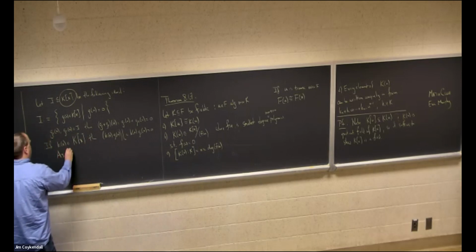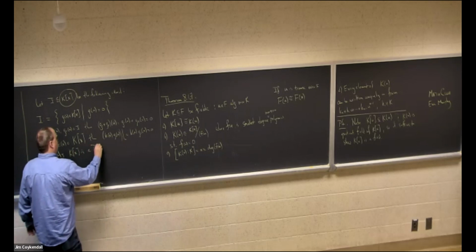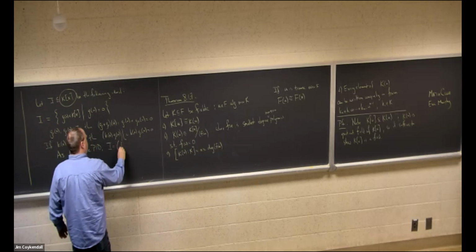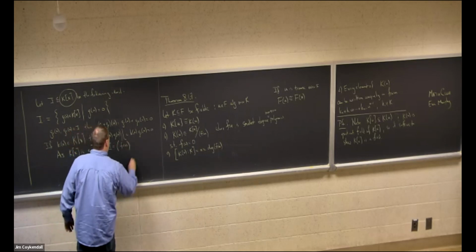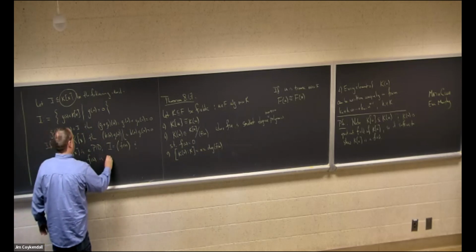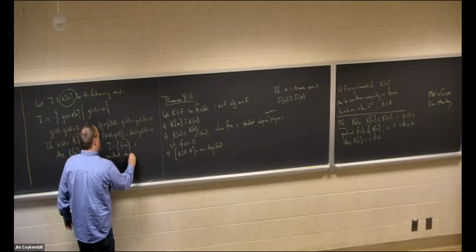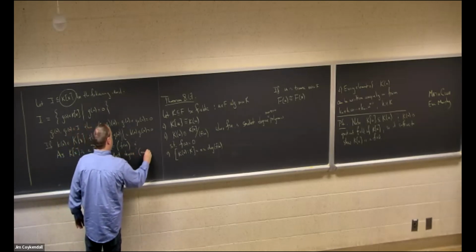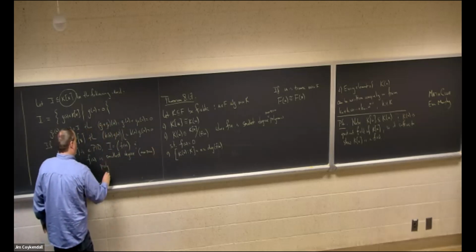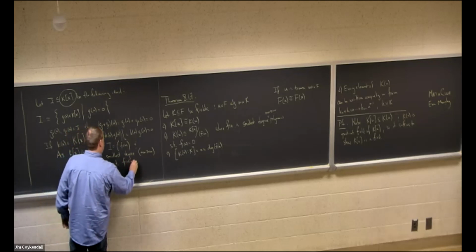As K[X] is a PID, I is generated by some f(X), and f(X) is the smallest degree non-zero polynomial such that f(U) equals 0.